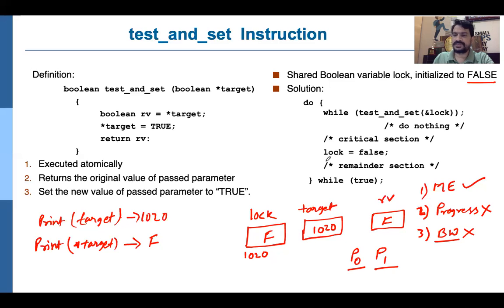If one process is waiting, the CPU doesn't distinguish between two processes, which process is waiting and which process isn't. So you can see here, progress doesn't exist as well as bounded wait doesn't exist in this particular solution. So do we have any solution which will satisfy the progress and the bounded wait? The answer is yes. We'll do some modification in the existing solution, and we'll see whether progress exists or not.